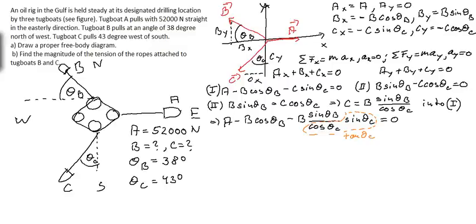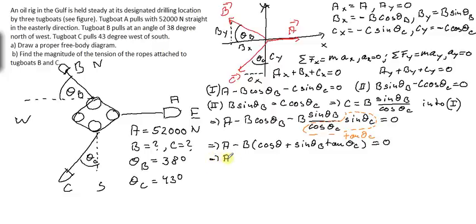So let me rewrite this equation. I find now that A minus B times cosine theta B, and minus B times the sine of theta B times the tangent of theta C, and that is 0.